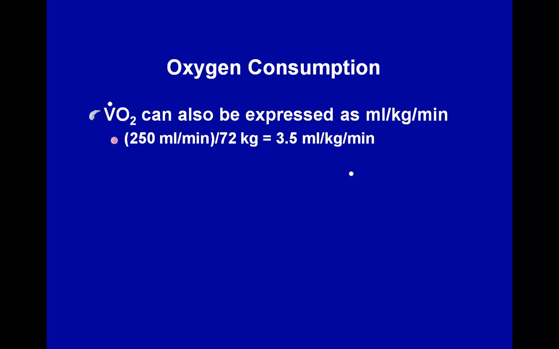So if I correct oxygen consumption for body mass or body size, I'm probably going to get a more comparable value. In fact, when we do that, we divide oxygen consumption by body weight in kilos, and we get a value that we express as milliliters per kilo per minute.